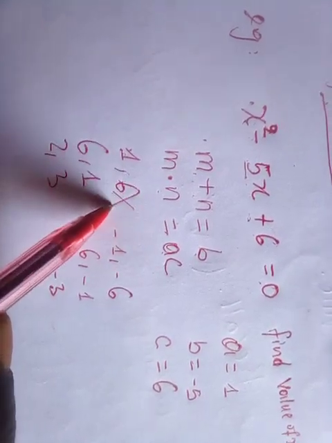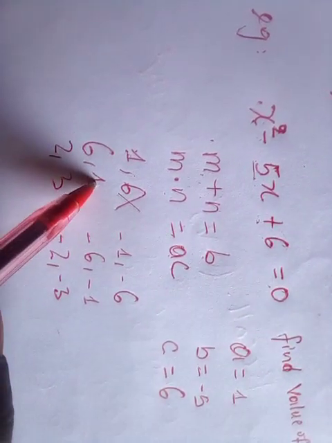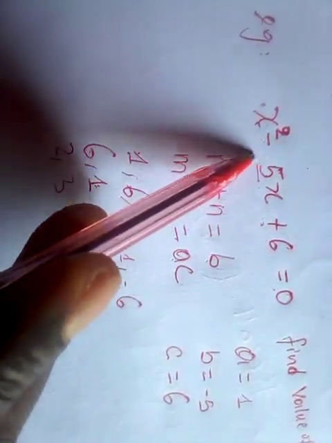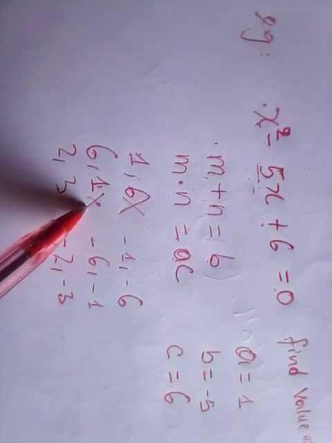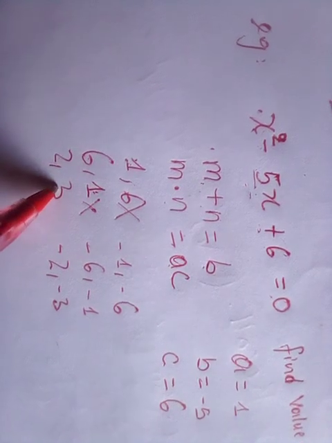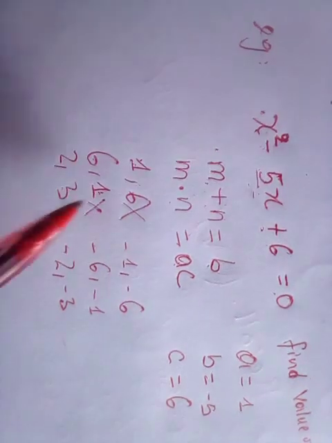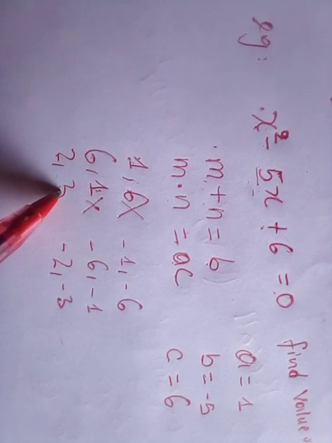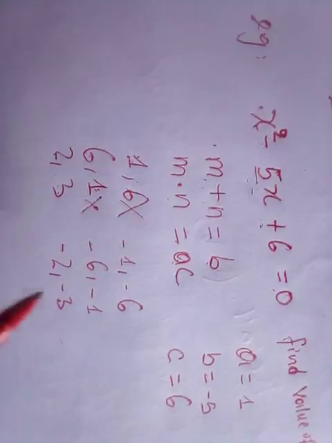It does not match our assumption, because we need negative 5. 2 times 3 we get 6, but 2 plus 3 we get 5, but we need negative 5.